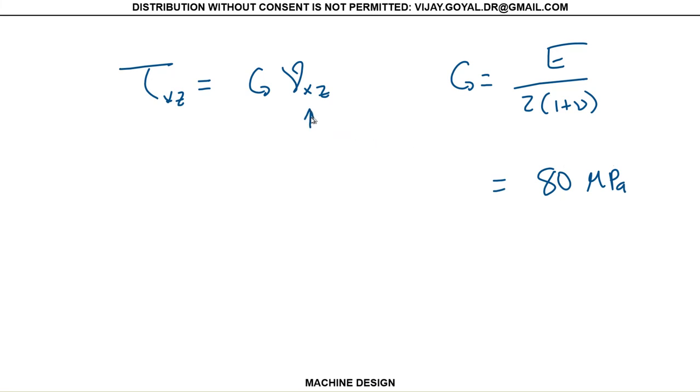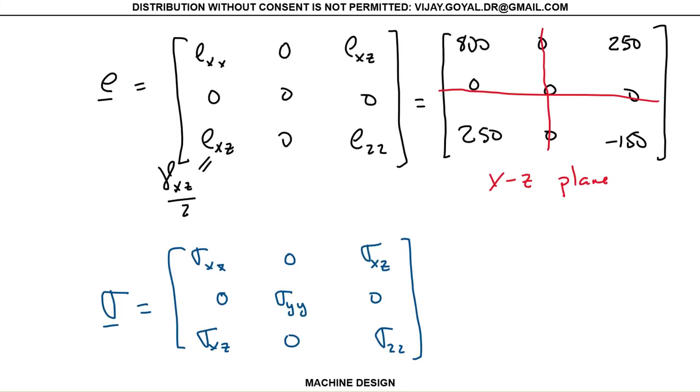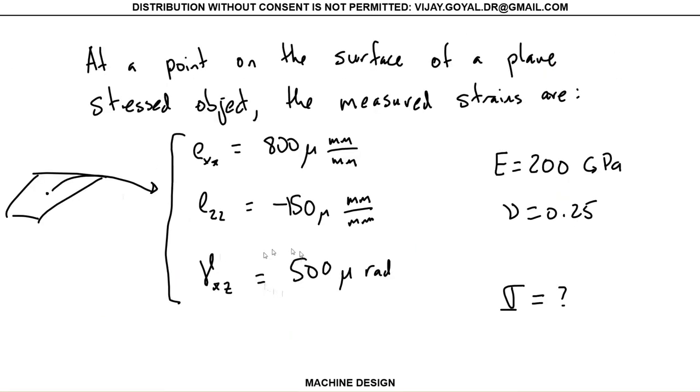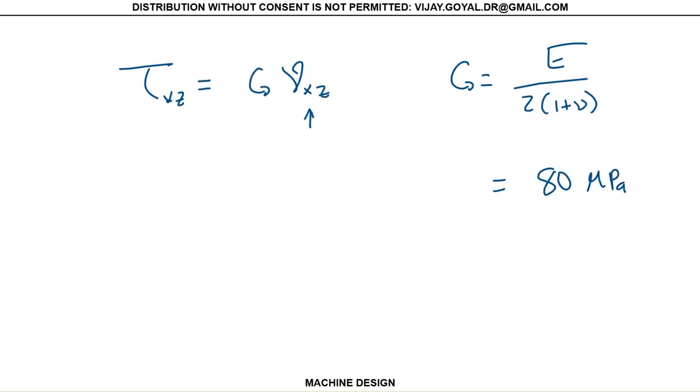And the value of gamma from the problem was 500 microns. So it's 80 times 500. Just remember the microns multiplied by mega is actually equal to 1.